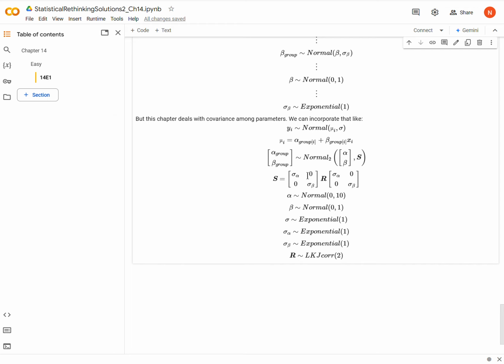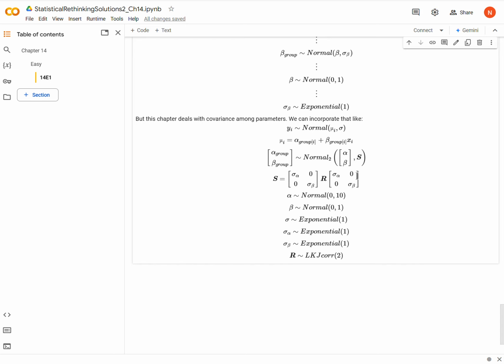This is how it's demonstrated in the book. To get a sense of this, let's just ignore the R here, and just multiply this matrix by this matrix. What do we get? If you take sigma alpha times sigma alpha plus 0 times 0, you just get sigma alpha squared.